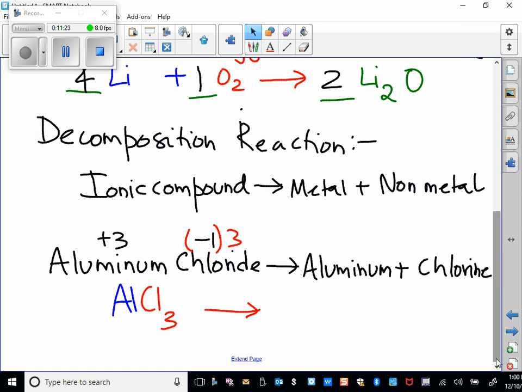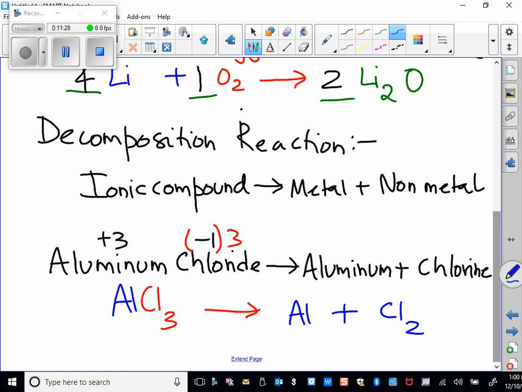Al. How will you write chlorine? Cl2, because chlorine is a diatomic element. And now you have to balance the equation. So chlorine was a 3, and I needed 2 here, making that a 2. Do we understand how to predict products of a decomposition reaction and how to write the equation? Does it make sense?